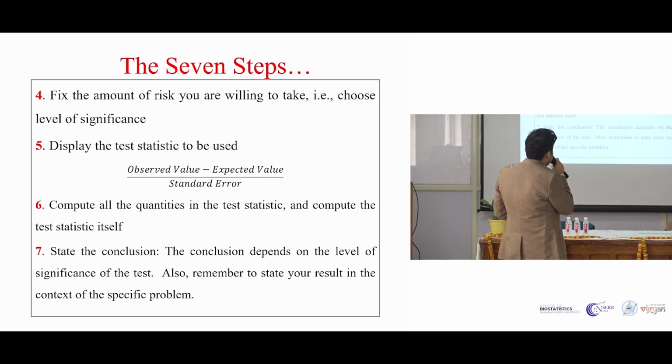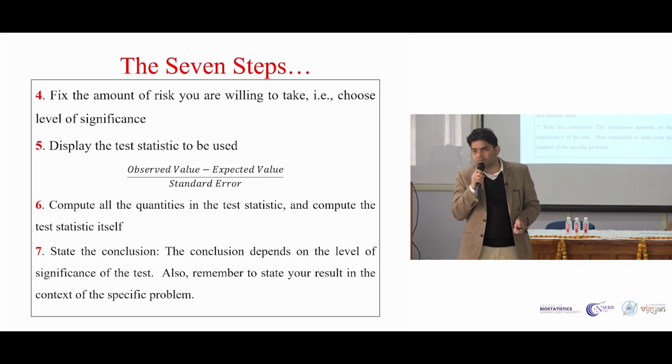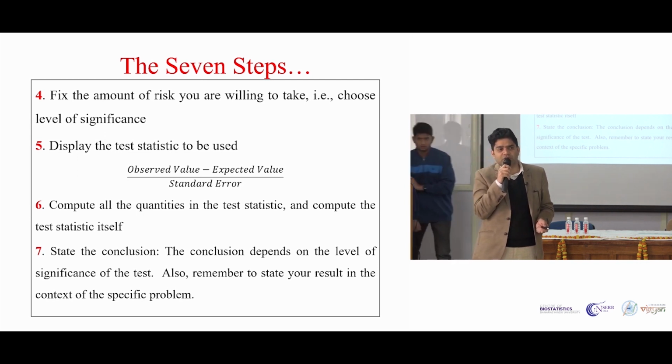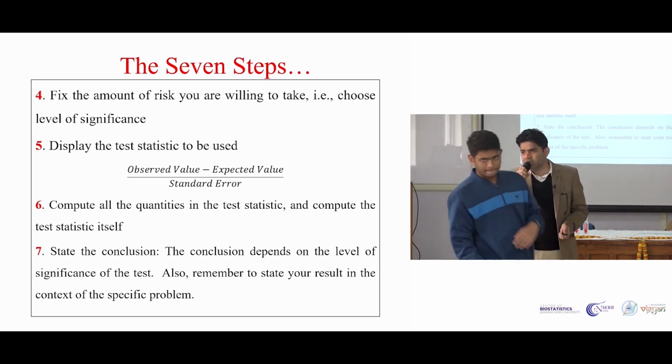If I am willing to take a risk of 5%, my confidence level would be 95%. In general, we want a very high confidence level. If you want a very high confidence level, that means you want a very low alpha, a very low Type 1 error.